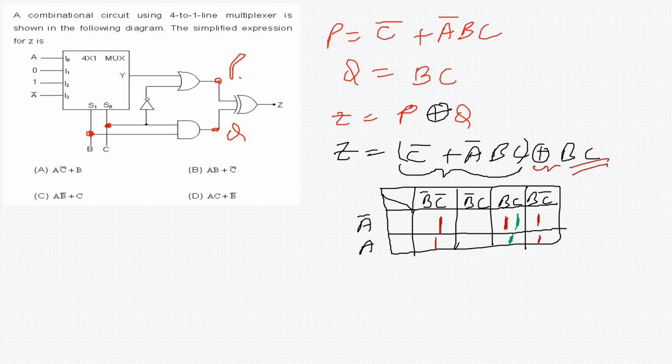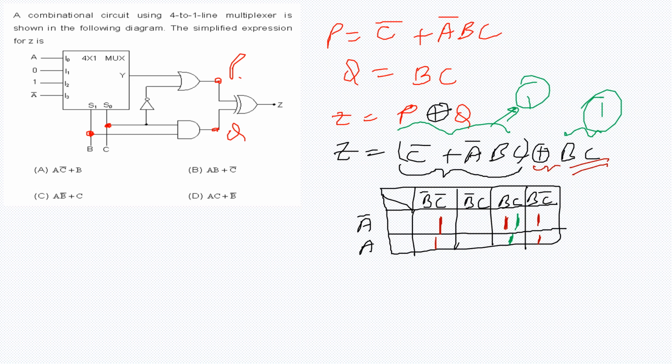Now let us use the property of the XOR gate. What it says is that exclusively when only one of these expressions is 1, either this expression is 1 or this expression is 1, then only Z will be 1.